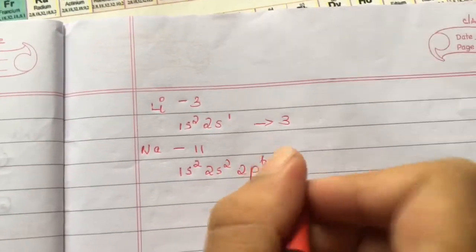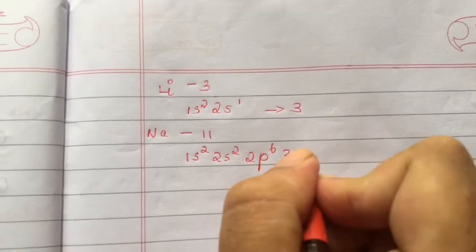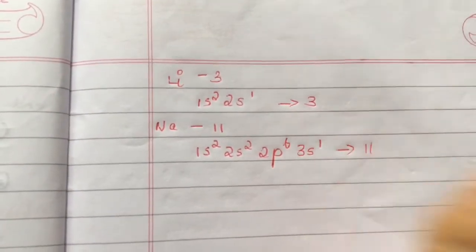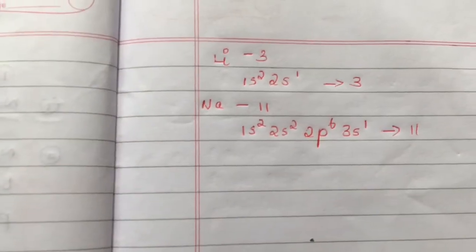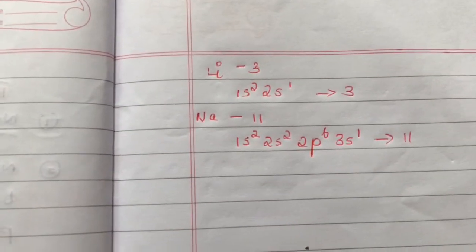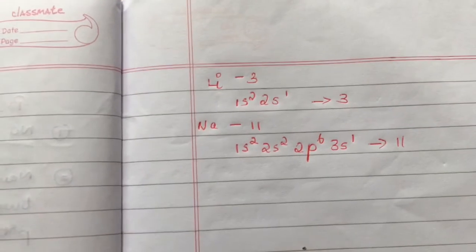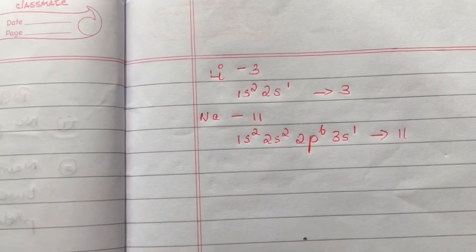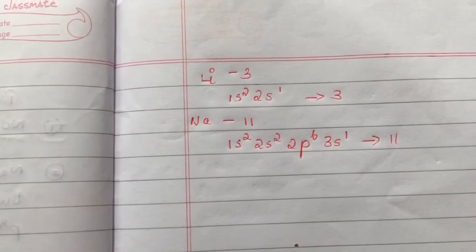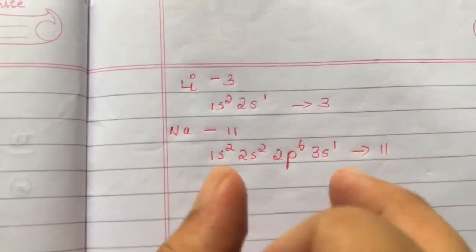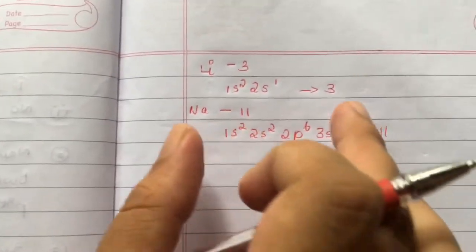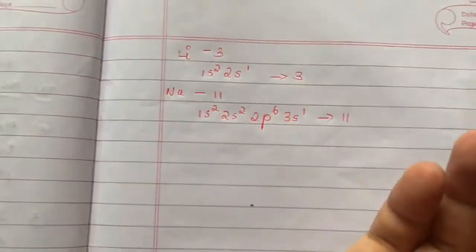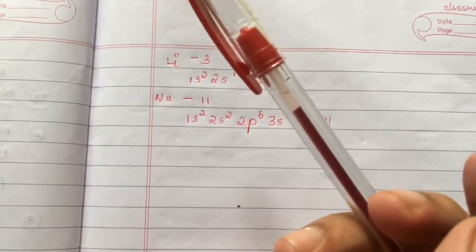One more electron should be filled, so we write 3s1, total 11. This is how we write the electronic configuration. Understood, right? Have a look at this and practice for many other elements present in the periodic table, and it will be much easier for you.